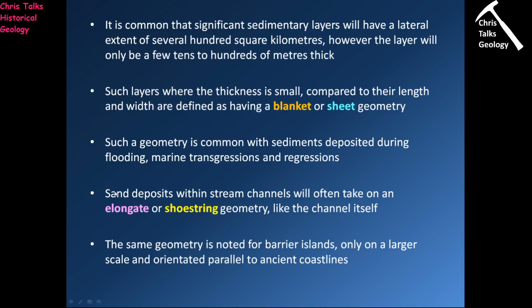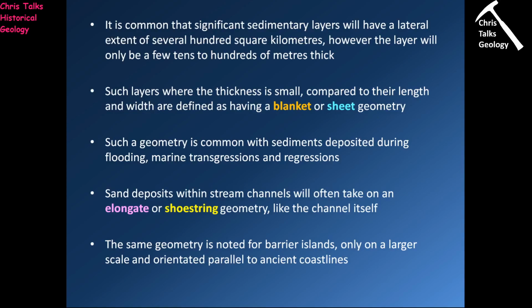Now, if we're looking at a river-related sediment, on the other hand, if we're lucky, we might be able to find the river channel itself. The river channel is a moderate energy environment, so it's going to have lots of sandy material in the channel. The muddy material is going to be outside the channel on the floodplain.